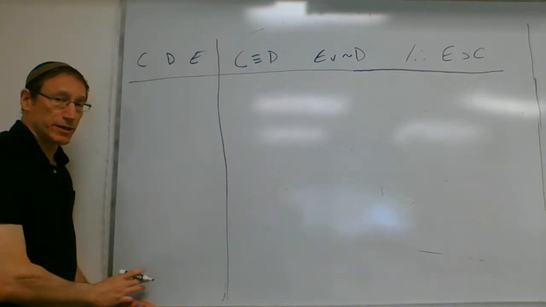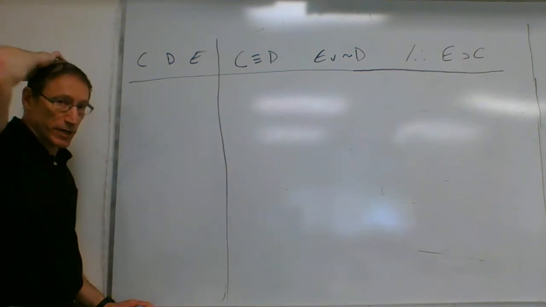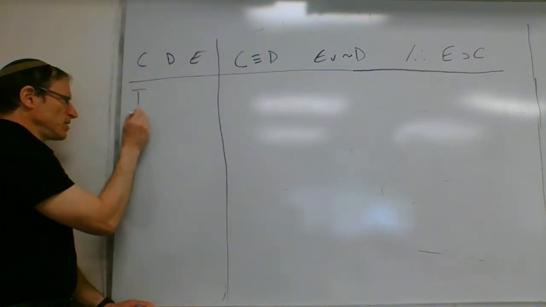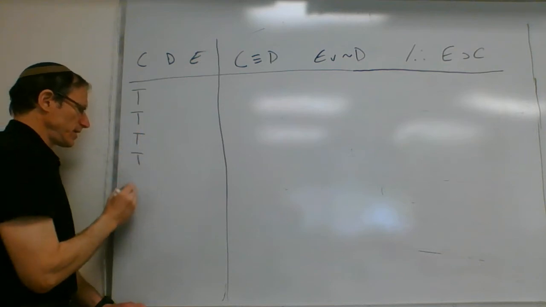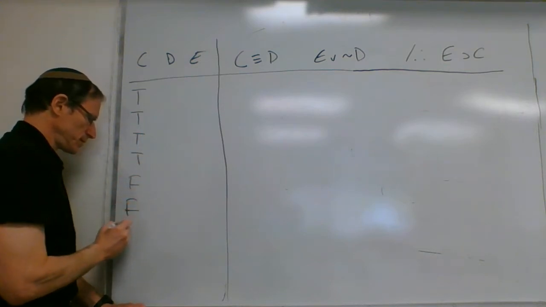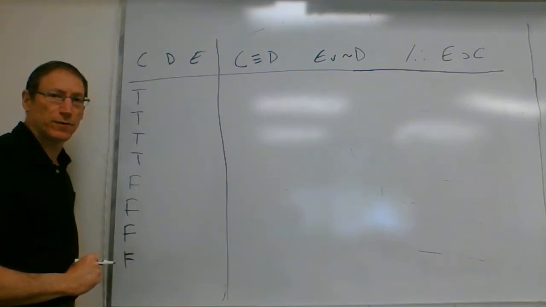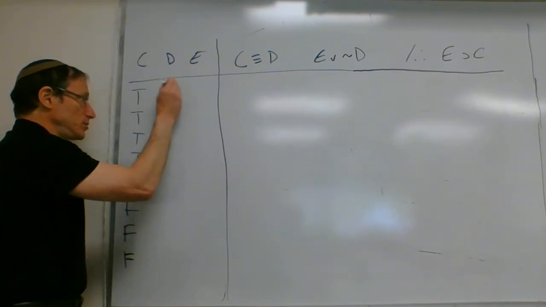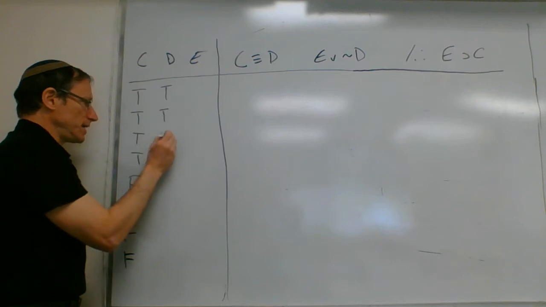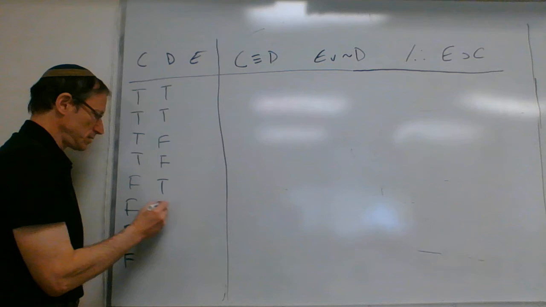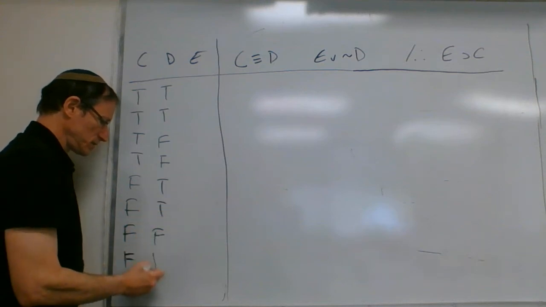The standard way of doing this, and you're supposed to do it the standard way, is you do 4 T's in a row and then 4 F's in a row when you have 3 components. 4 T's and 4 F's. Then you do 2 T's, 2 F's, 2 T's, 2 F's.